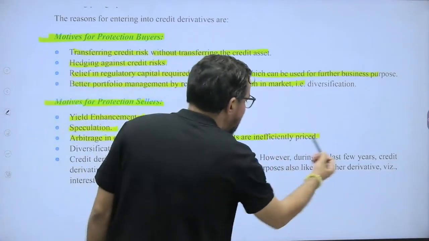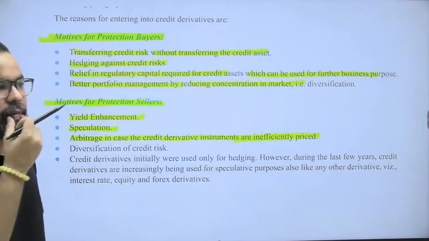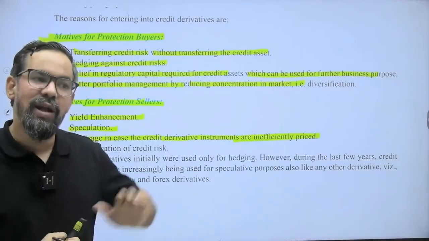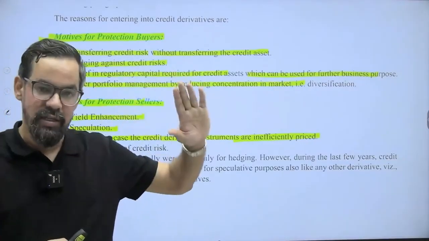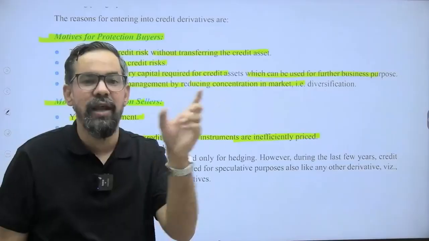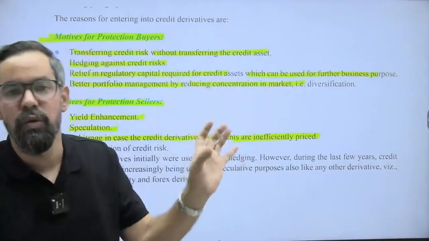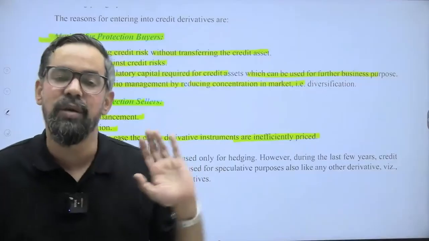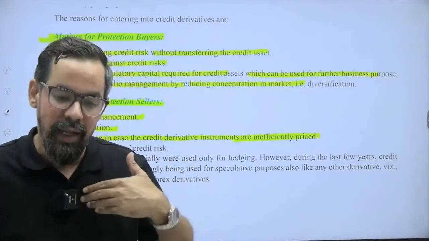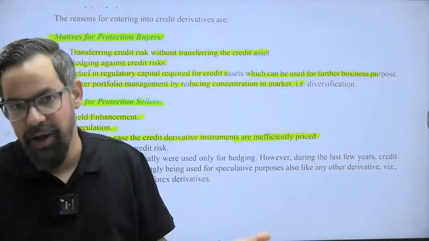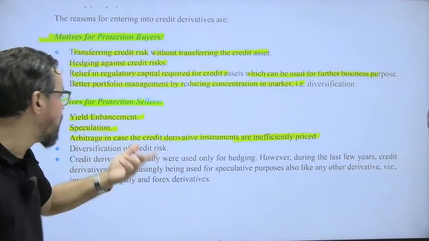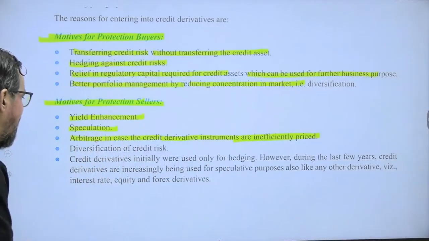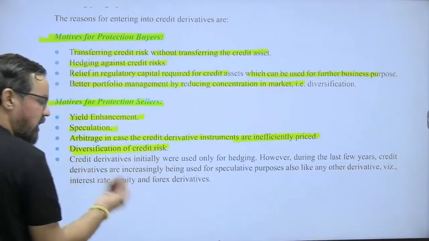Inefficiently priced means, let's say there is a probability of default, but the default comes after 9 years, and the outstanding balance during 1 year is, suppose, 1 crore, while the premium we are getting as of now is, suppose, 7 or 8 crores. Still, if that company defaults, it is a win situation for the protection seller, okay? So that is something. And diversification of risk, they can do this too.